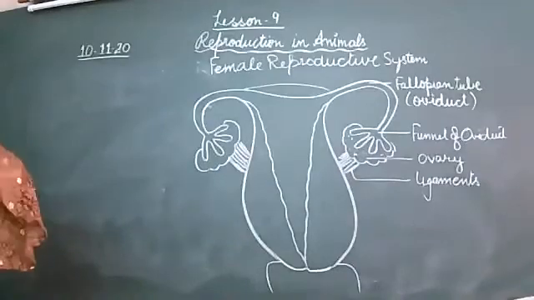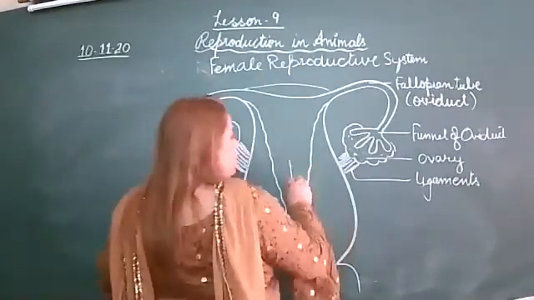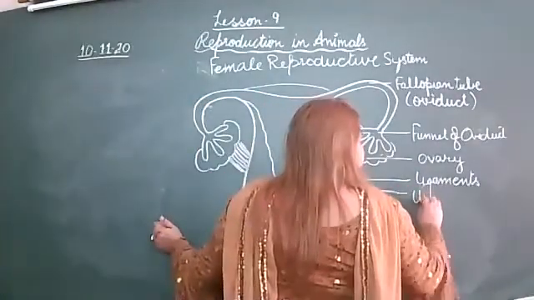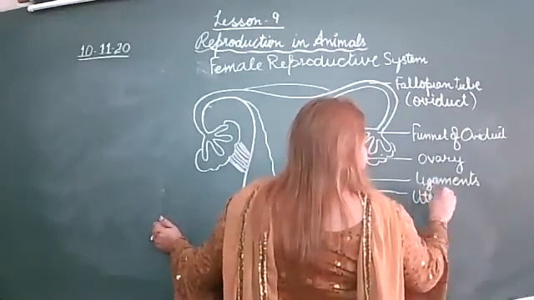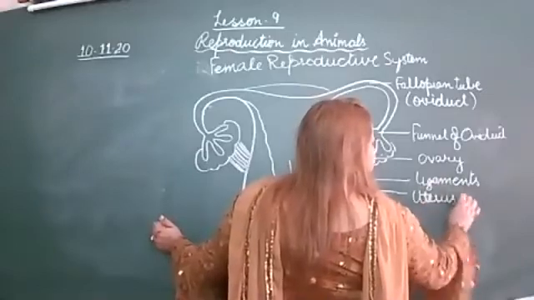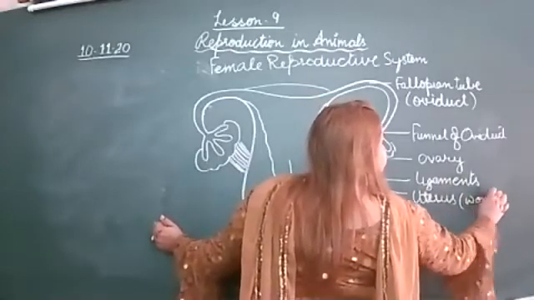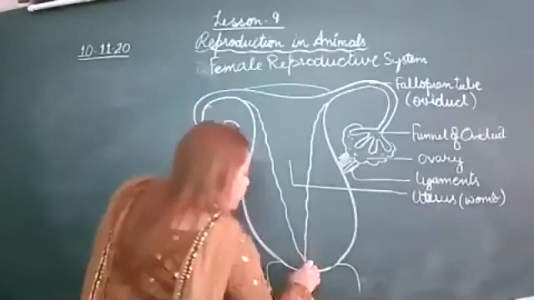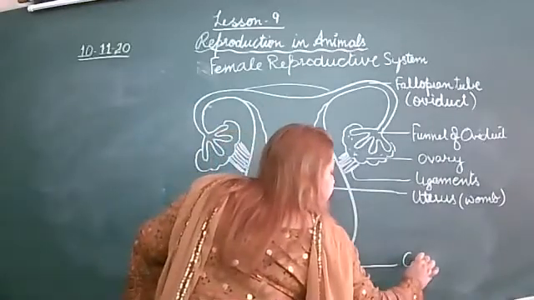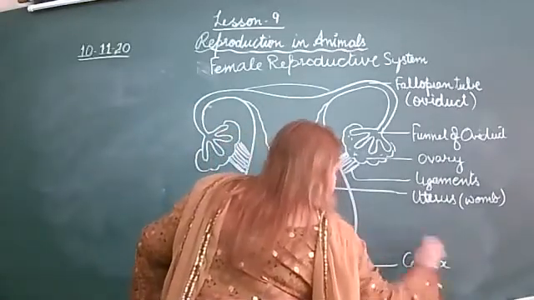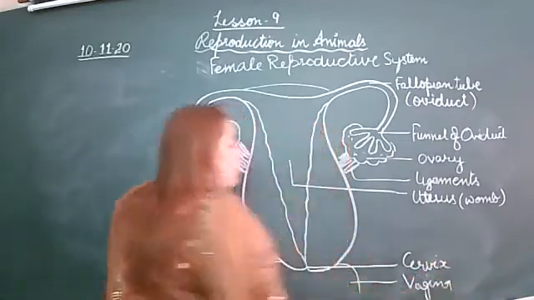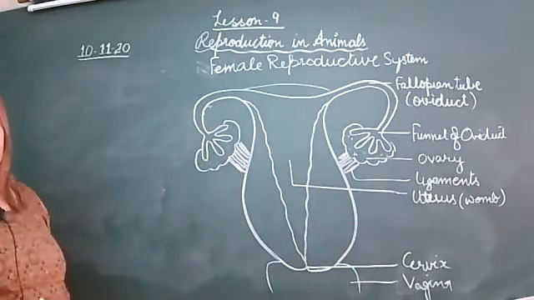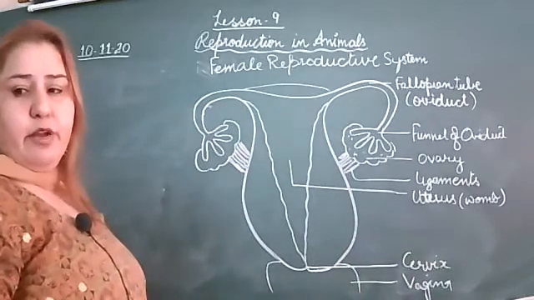Then this is the uterus, which is also called the womb, where the baby grows. This point is called the cervix. Here it is the vagina. This is the labeling of the female reproductive system.